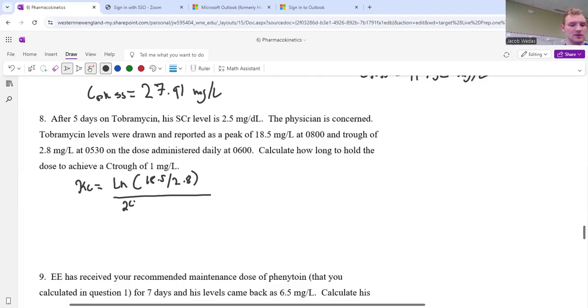So that's going to be 24 minus, since it's administered here, minus 0.5 for the trough, minus 2 for the peak. Let me know what you get for the KE. 0.8. Yep.